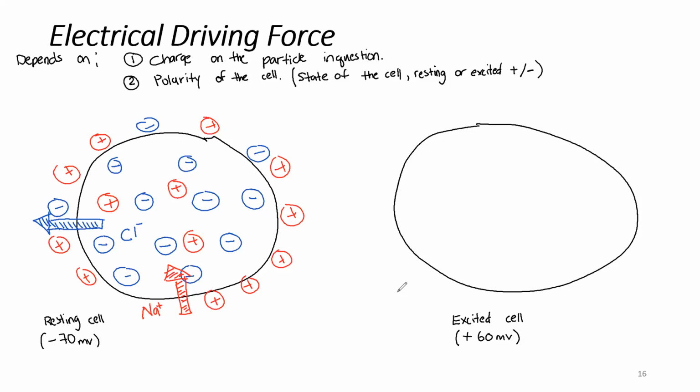So in an excited cell, we have a flip-flopping of the state of the cell. The inside of the cell becomes more positive, so it's going to have an abundance of cations.